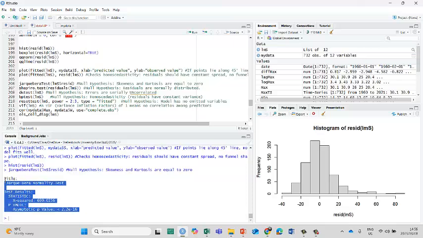There's our output. What is the null hypothesis? The null hypothesis is that skewness and kurtosis equal 0, meaning normality. So here we want to accept the null hypothesis. The null hypothesis suggests that our error is normally distributed. There's no skewness or kurtosis.